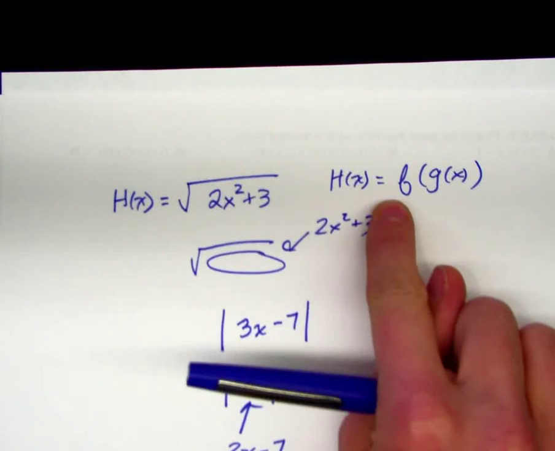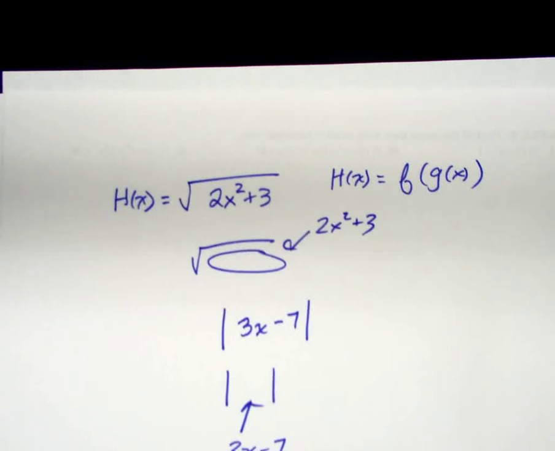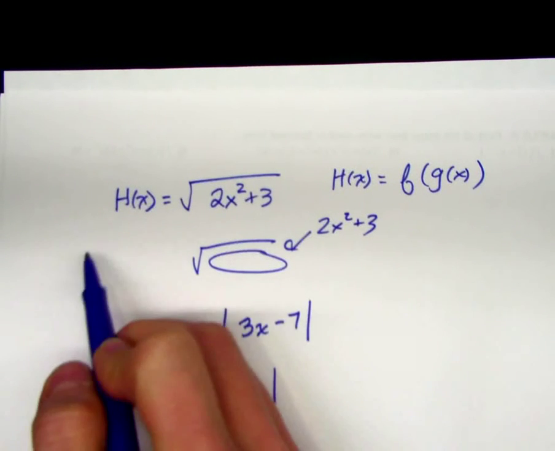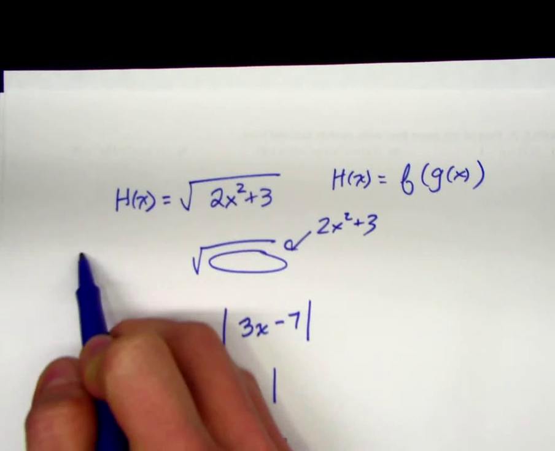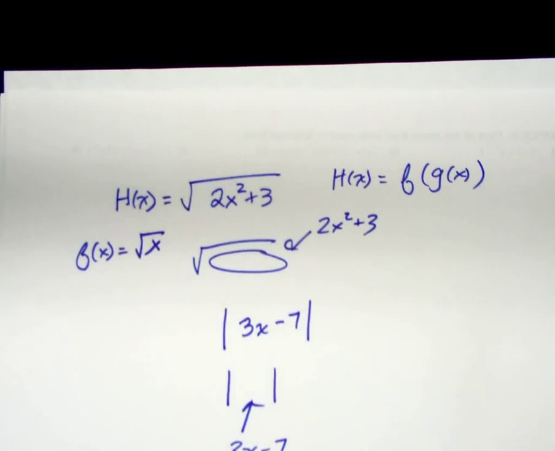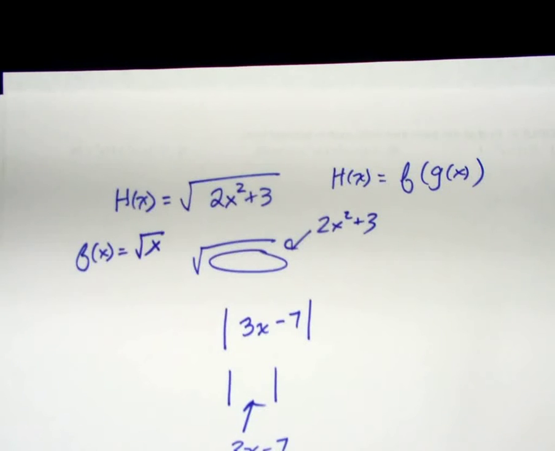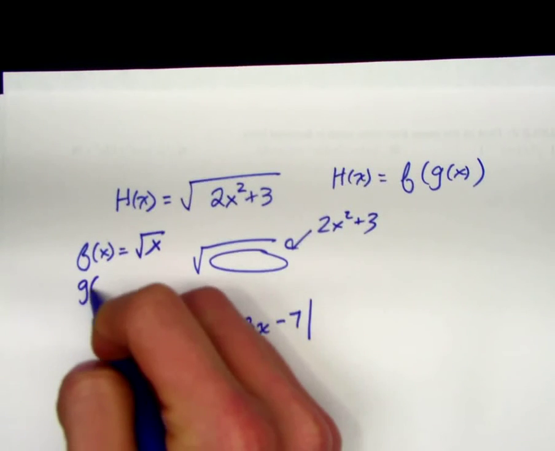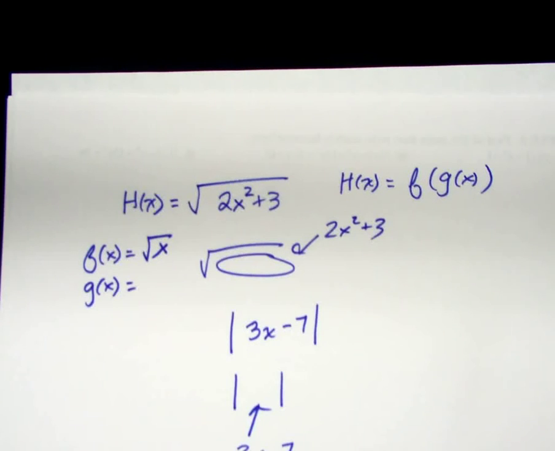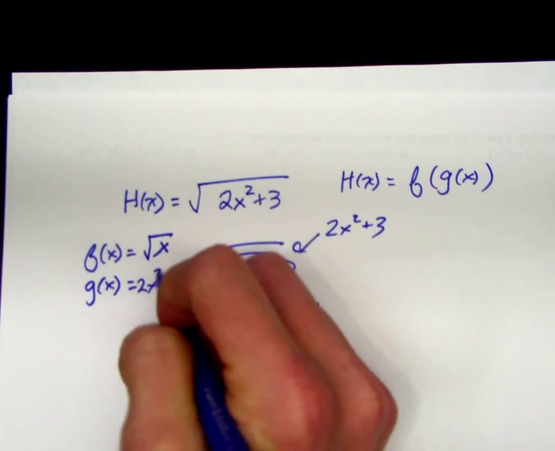Okay? Well, f is like our outside function, right? And g of x is the function that we're putting in. So in this case, for the first example here, I'm going to tell you f of x is just root x. Good so far? All right, and then what does g of x need to be to get this function? 2x squared plus 3.